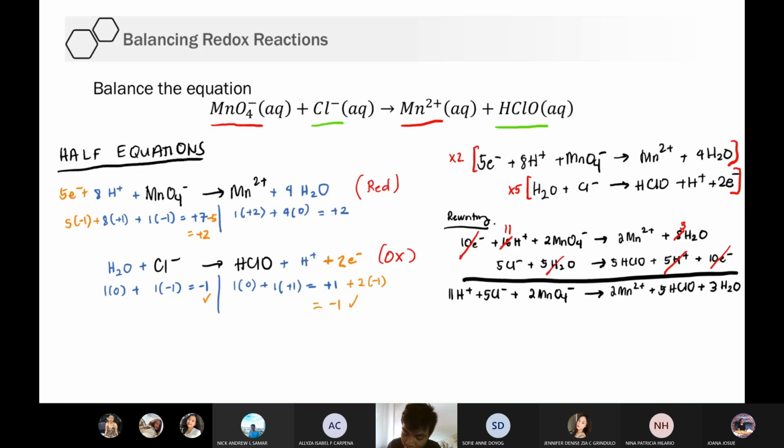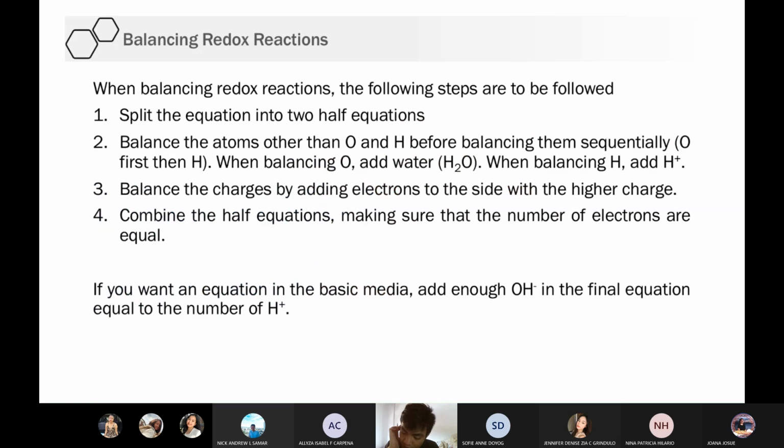Basahin natin yung nilagay ko sa slide. Sabi dito sa slide na to, if you want an equation in the basic media, add enough OH in the final equation equal to the number of H+.